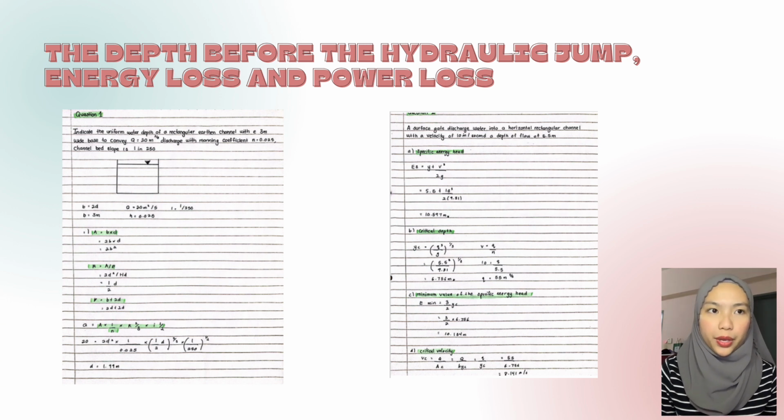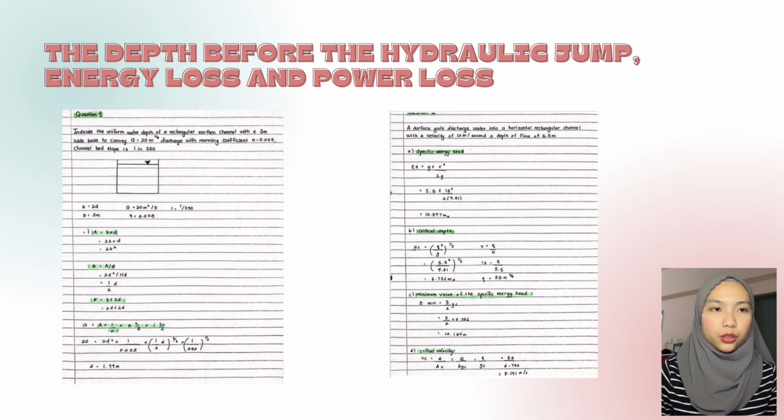First, we have to look for the area, and the formula for the area is B times D. Then we use this B formula, which is 2D times D, and the answer would be 2D squared. Next step, we have to look for the R, and R is A divided by P.